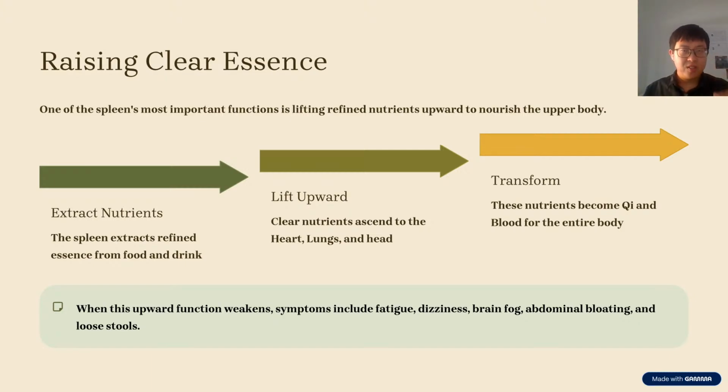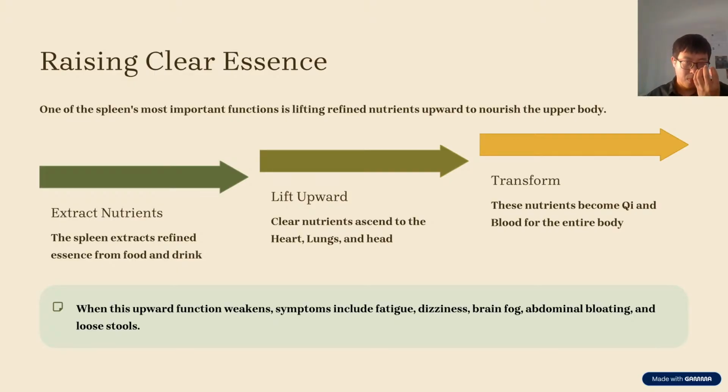The first step is that the spleen and stomach absorb nutrition from the food you eat, and then the spleen transports those nutrients, the clear essence substances, to the heart.